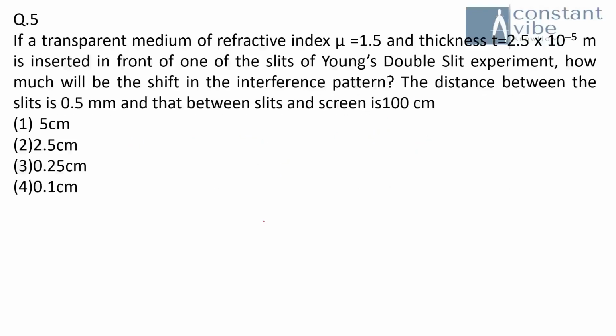Okay, next question, fifth one. If a transparent medium of refractive index mu equal to 1.5 and thickness t equal to 2.5 into 10 to the power of minus 5 meter is inserted in front of one of the slits in Young's double slit experiment, how much will be the shift in the interference pattern?